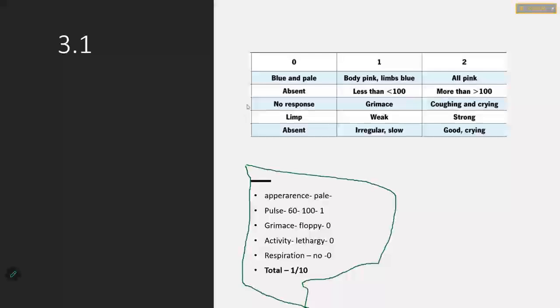This is the APGAR: A means appearance, P means pulse, G means grimace, A activity, and R respiratory effort. Just Google it, this is the chart for that. Google it and remember the chart and the score. That is easy to remember. Just have an idea, because sometimes they may ask, as this is a past paper question.